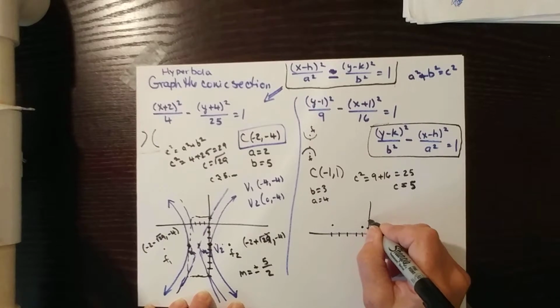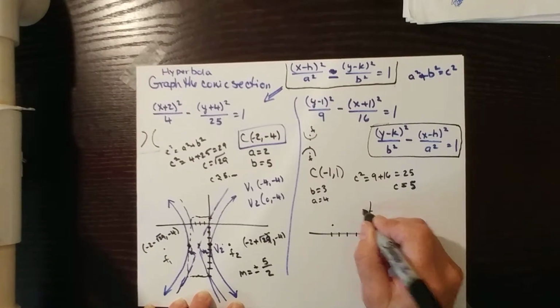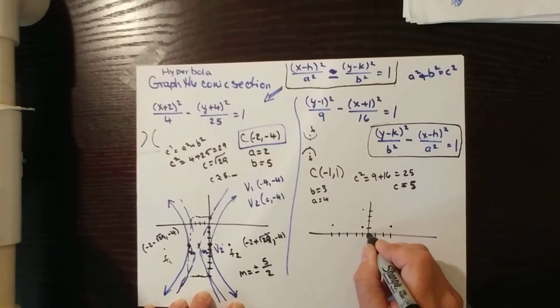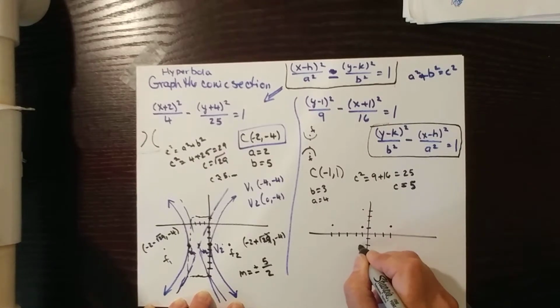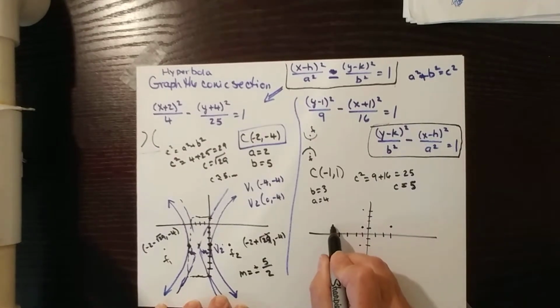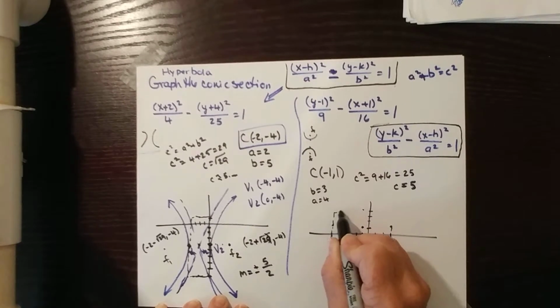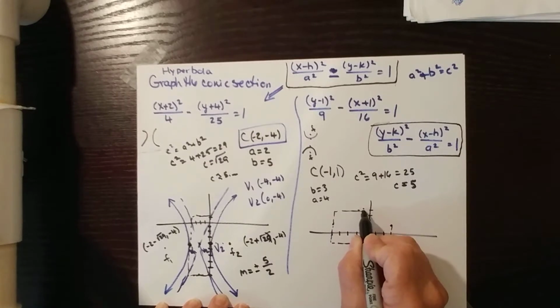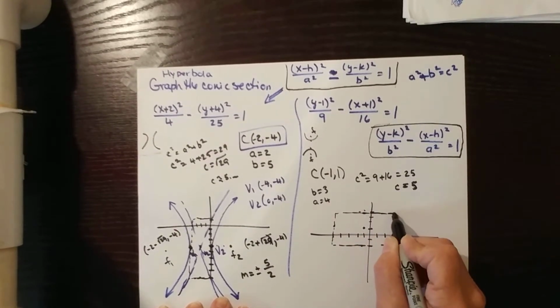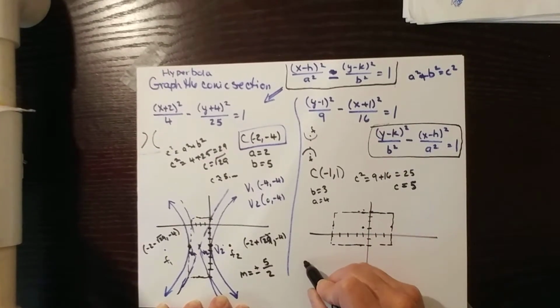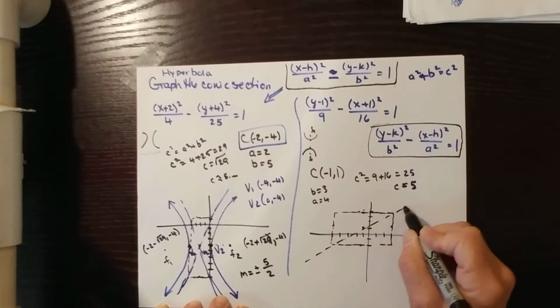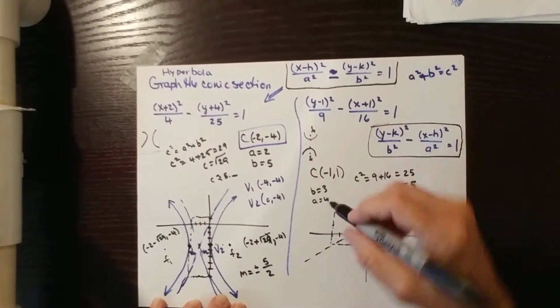So we're going to go up 1, 2, 3. That's an important point. We're going to go down 1, 2, 3. That's an important point. Then if you use the box method, you can just form this little rectangle, which is an easy way to form your rectangle. You can go ahead and lay out the diagonals if you want, which are the asymptotes for our curve.